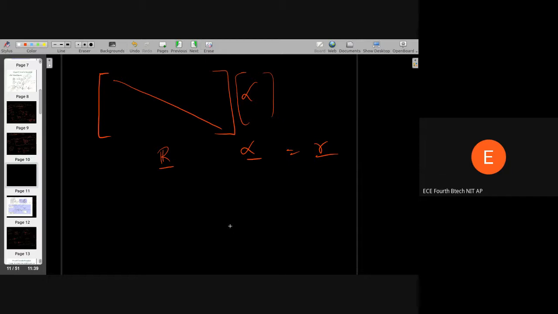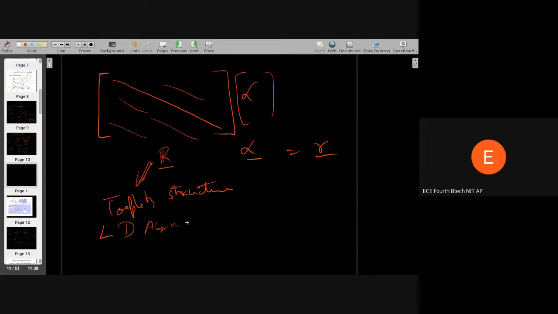So for matrices which have this Toeplitz structure, which are symmetric and the diagonal has the same value, we have some more efficient algorithms which are not computationally intensive, and one of them is Levinson Durbin's algorithm.